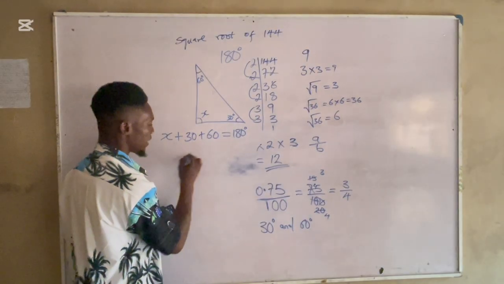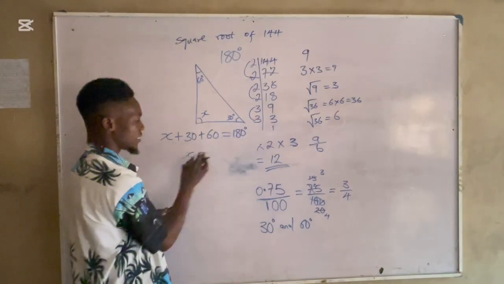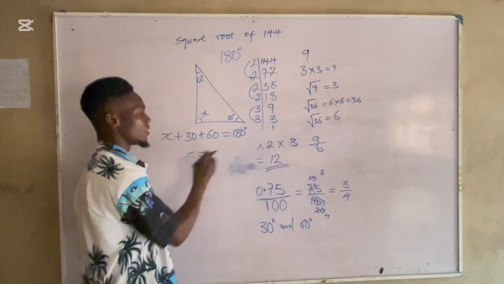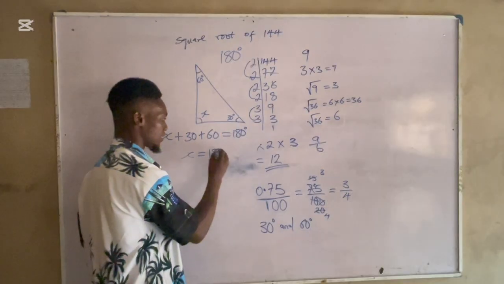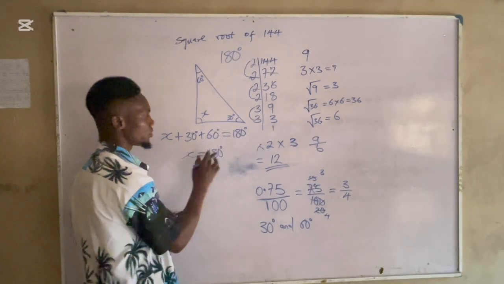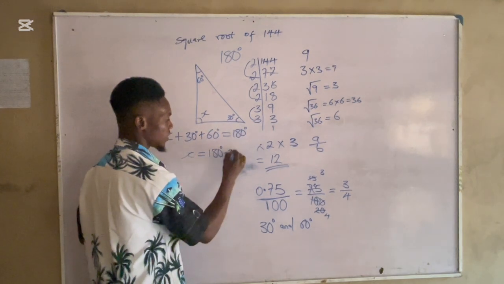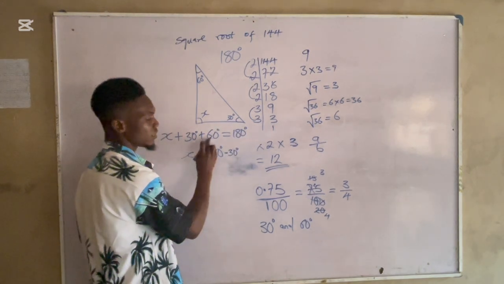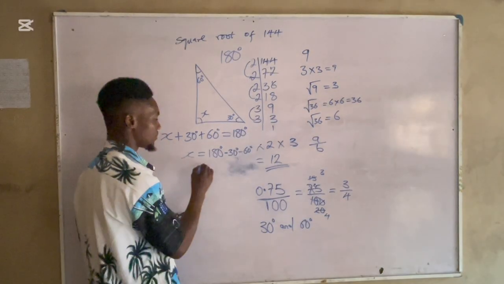So I'll bring down my x first, equal to. There is no other x there, that's why I'm bringing down equal to now. This chairman, the landlord, will come down first, 180 degrees. Then the tenants will be pushed over. Plus 30 degrees crossing over becomes minus 30 degrees. Plus 60 degrees crossing over becomes minus 60 degrees.